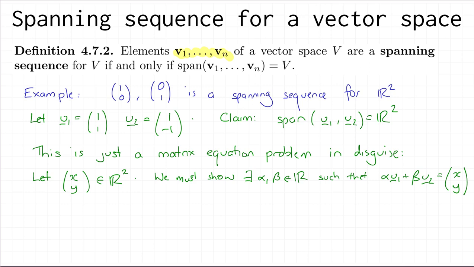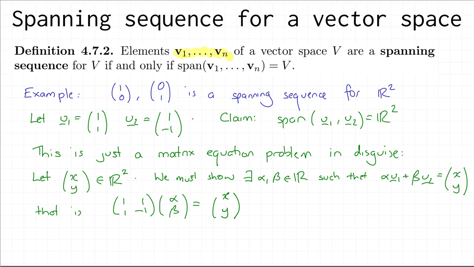In other words, that the matrix with rows (1, 1) and (1, -1) multiplied into the vector (alpha, beta) is equal to (x, y). You're trying to show that this matrix equation always has a solution.